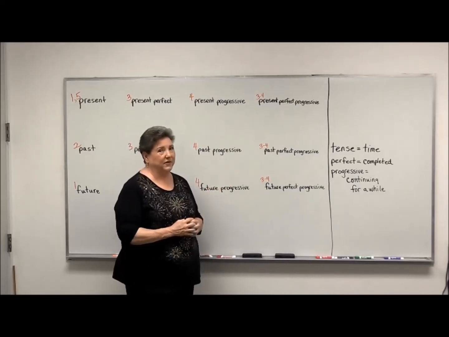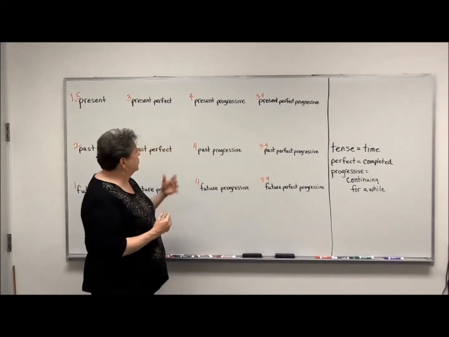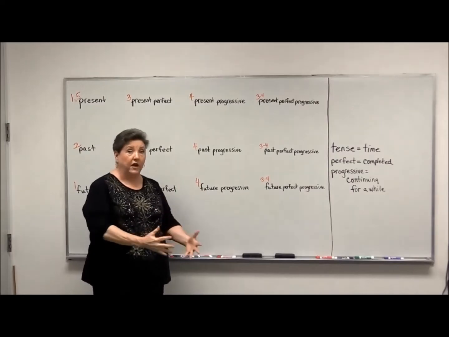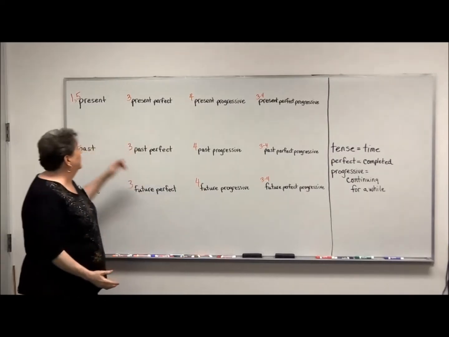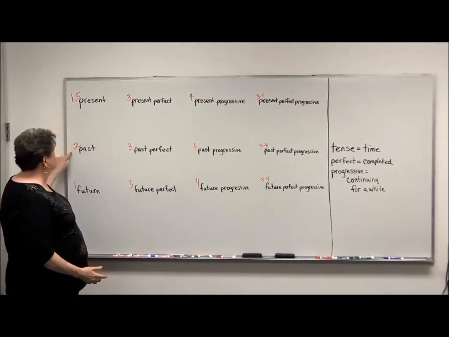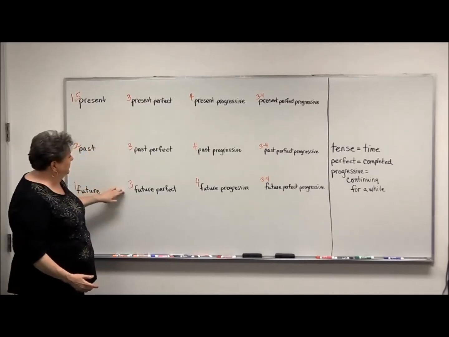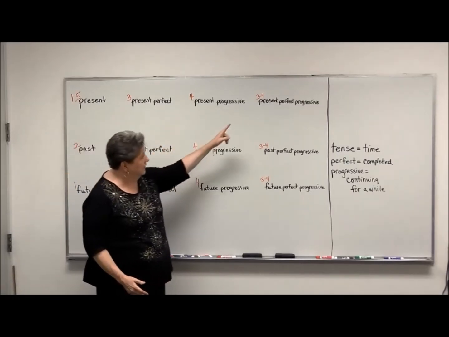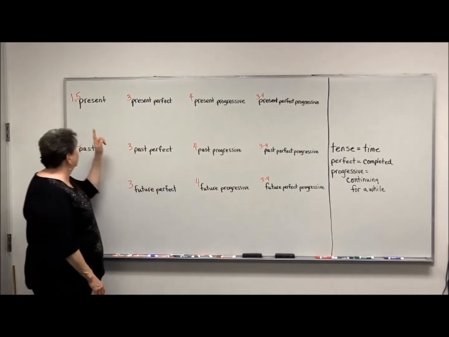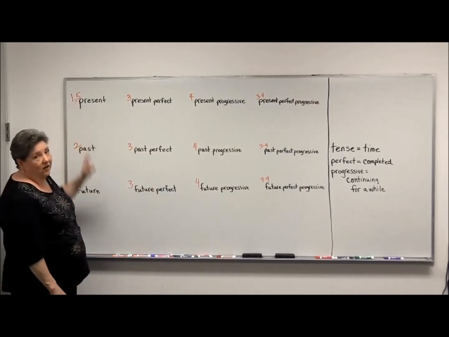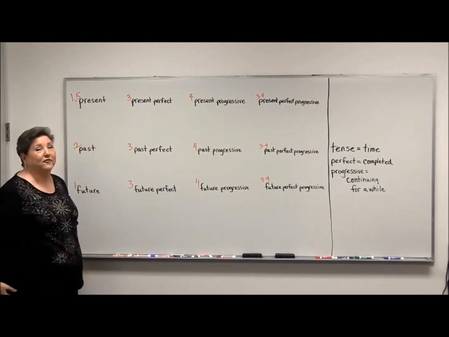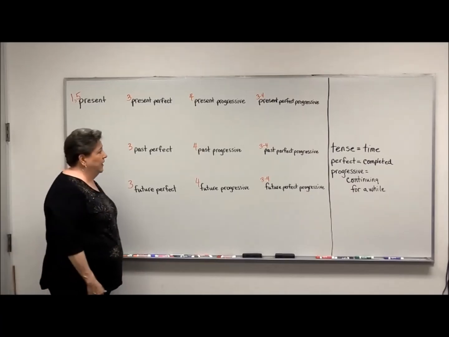I'll explain that to you in a minute. So where do you see the 5 forms? Are they all here? Yes. Here's 1. Here's 2. Here's 3. Here's 4. And here's 5. All 5 are here. There are 5 forms to every English verb.